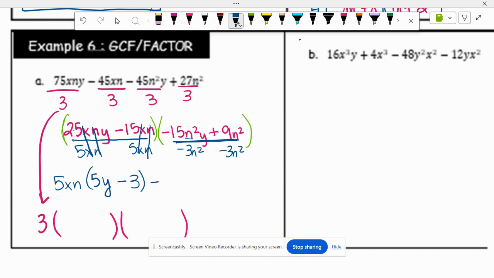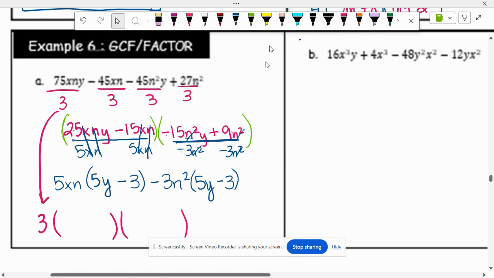I have to take out my negative 3n squared next. That's my next GCF. A negative divided by a negative is a positive. 15 divided by 3 is 5. My n squareds cancel out, and I'm left with a y. 9 divided by negative 3 is negative 3, and my n squareds cancel out.